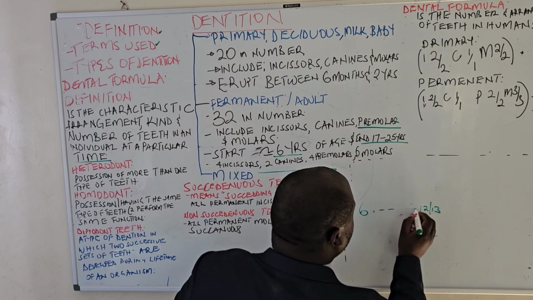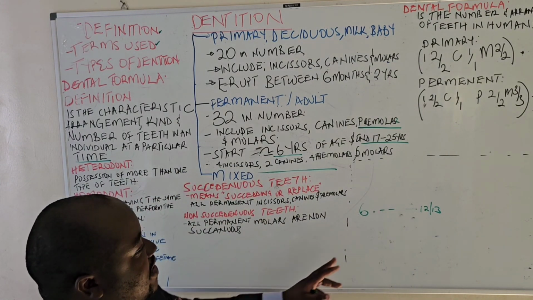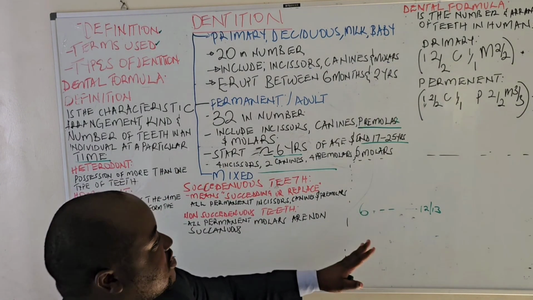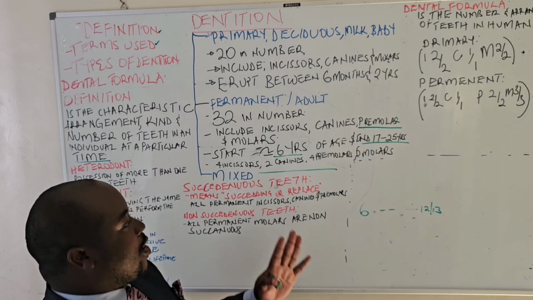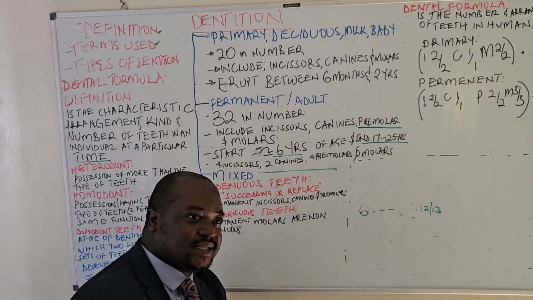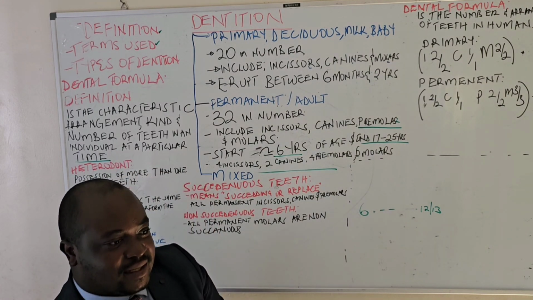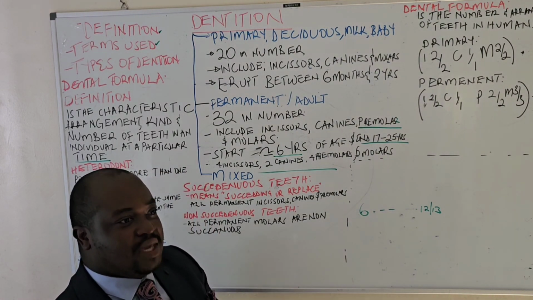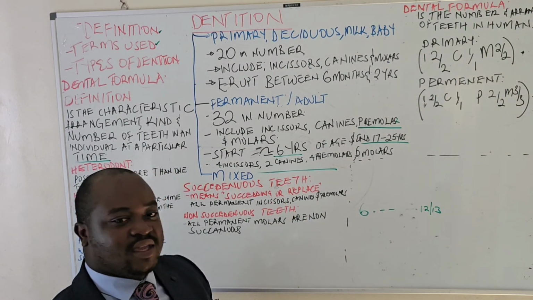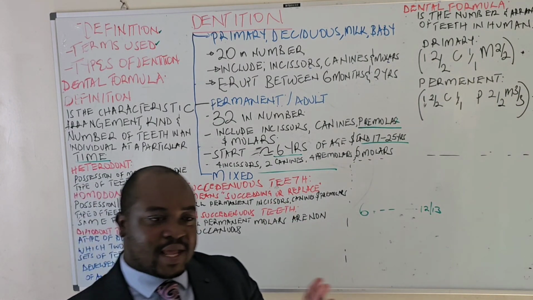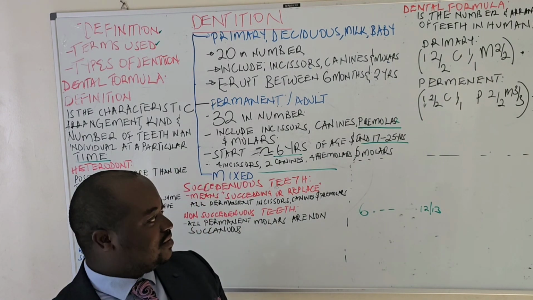Remember, as they are developing, the primary teeth are moving up. So in that period where we have both permanent and primary, that is what we call mixed dentition. In mixed dentition, we have both primary and permanent teeth.